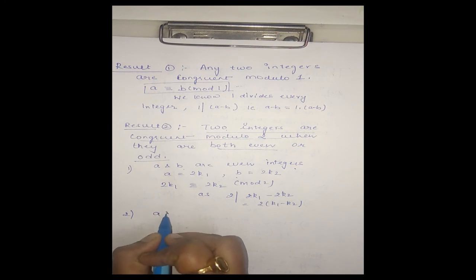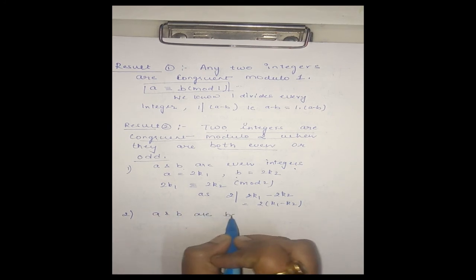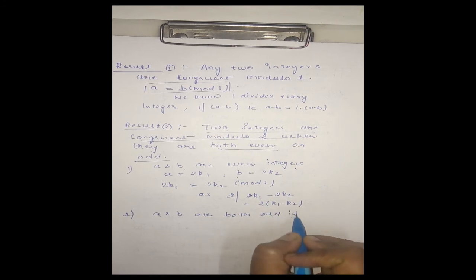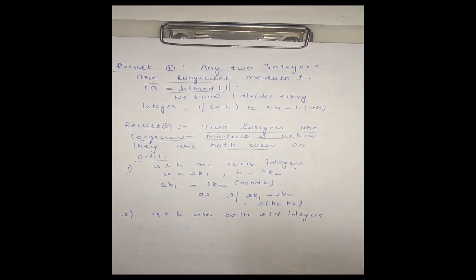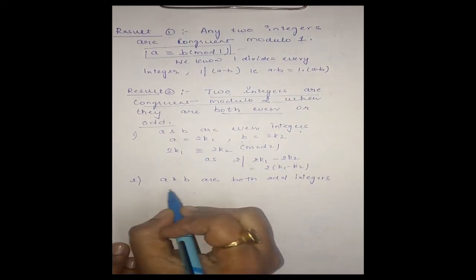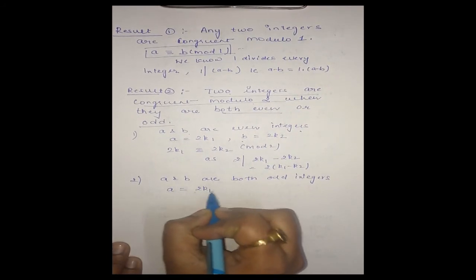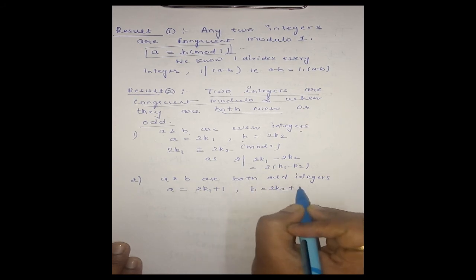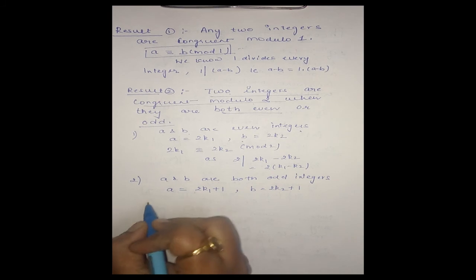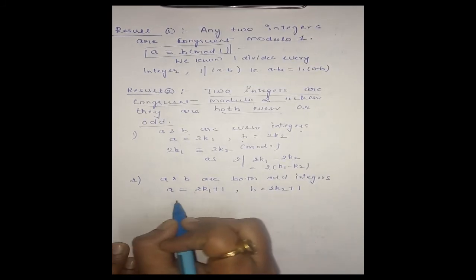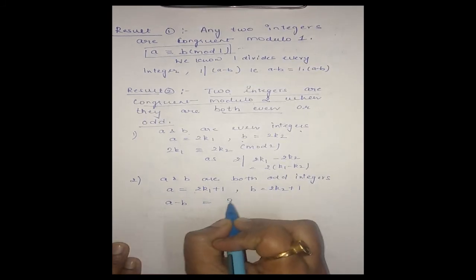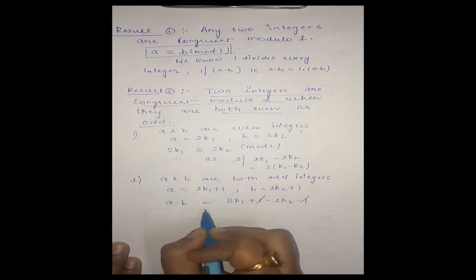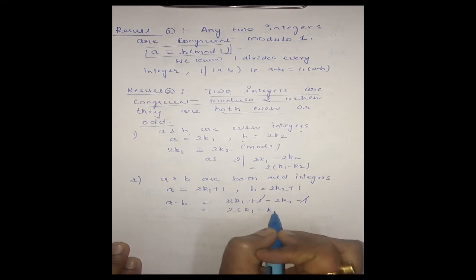In the same way, if a and b are both odd integers, then I can write a in the form 2k1 plus 1 and b as 2k2 plus 1, where k1 and k2 are integers. Then a minus b will be what? 2k1 plus 1 minus 2k2 minus 1, that is 2 times k1 minus k2.